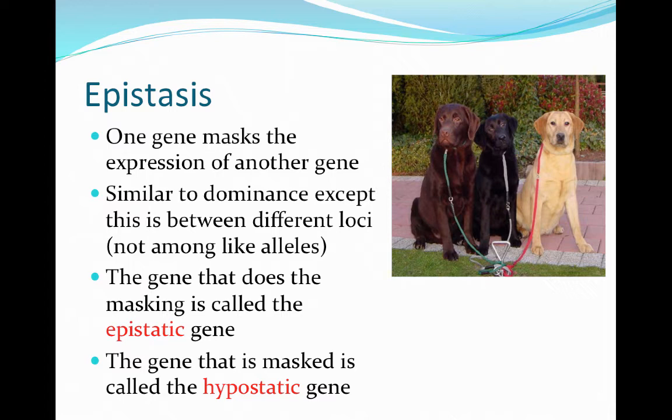So the gene that actually does the masking is called the epistatic gene, whereas the gene that is being masked is called the hypostatic gene. And the best example that we have of epistasis is actually Labrador retrievers, where you can get blocking of genes that will result in either a yellow, a black, or a chocolate lab, depending on which genes are blocked.